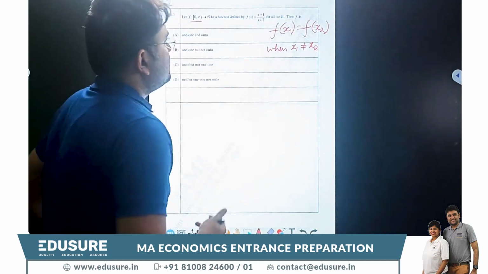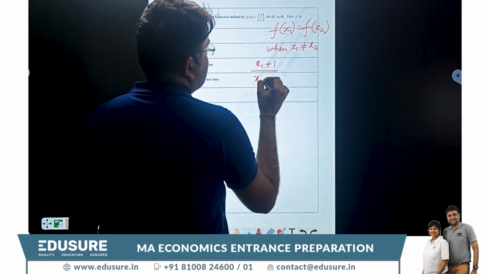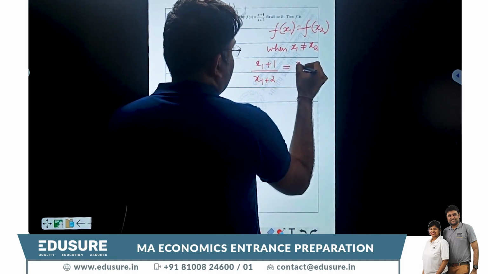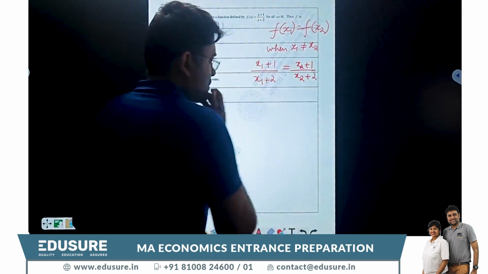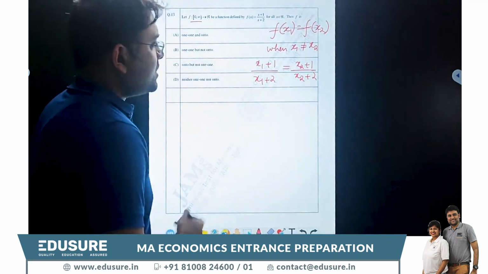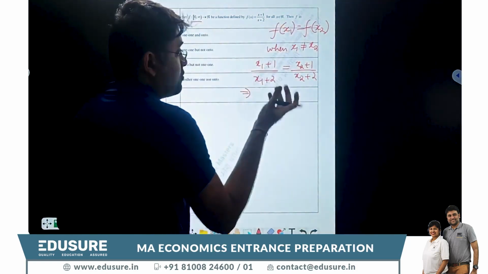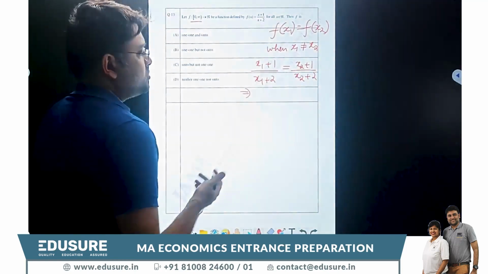So we can check that firstly. x1 plus 1 by x1 plus 2 should be equal to x2 plus 1 by x2 plus 2. This can only hold if x1 is equal to x2. If we are able to prove that, then it is a one-to-one function. So let's check it.